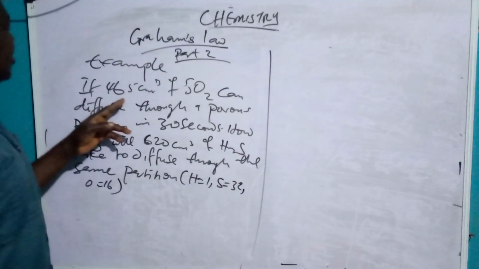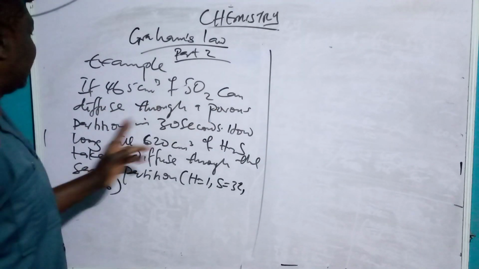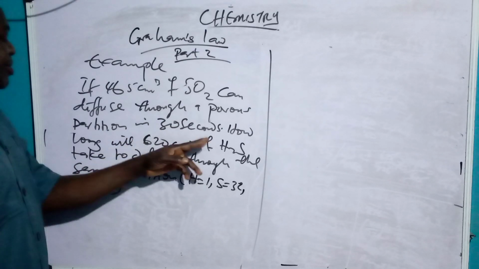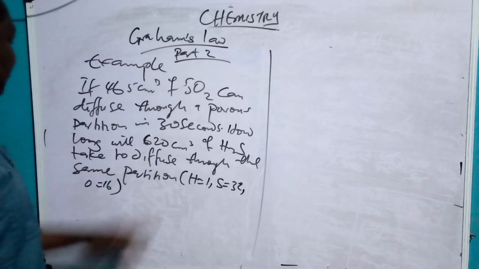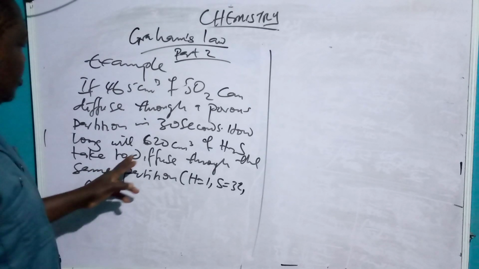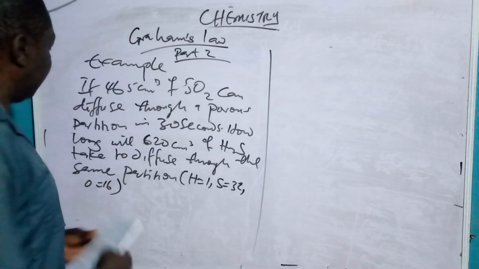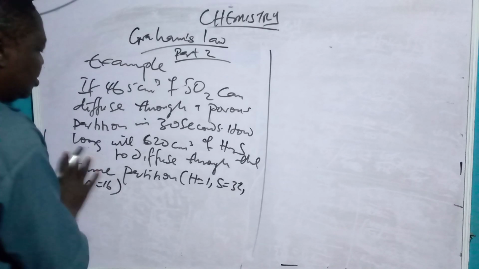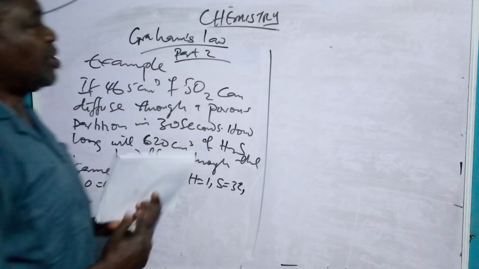He said if 465 cm³ of sulfur oxide can diffuse through a porous partition in 30 seconds, how long will it take 620 cm³ of hydrogen sulfide to diffuse through the same partition? We want to carry this out.